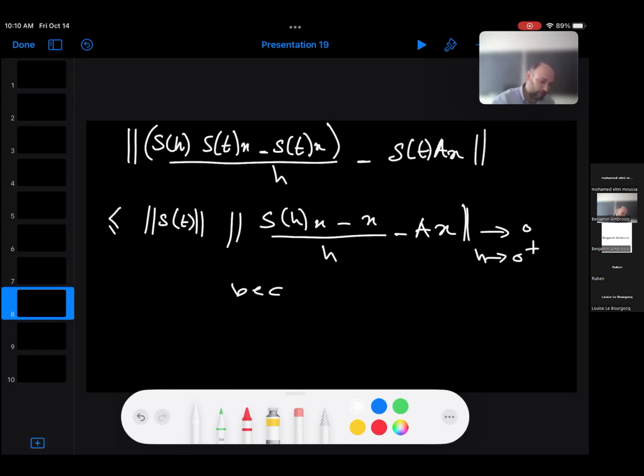because by our assumption x belongs to G of A, and if x belongs to G of A, the definition of Ax is exactly this limit.